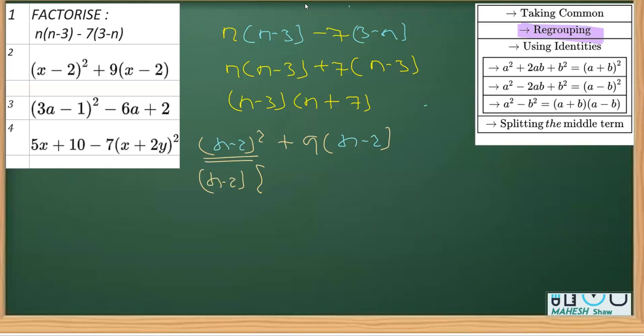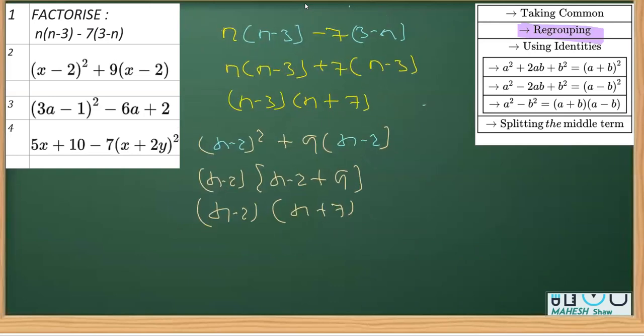Dividing the first term by x − 2, as it is squared, we'll be left with x − 2. Dividing the second term by x − 2, the x − 2 cancels, so 9 will be left. So finally it is (x − 2)(x + 7), because −2 + 9 is 7. This is how the second part can be done.